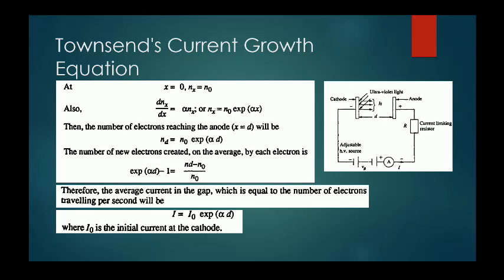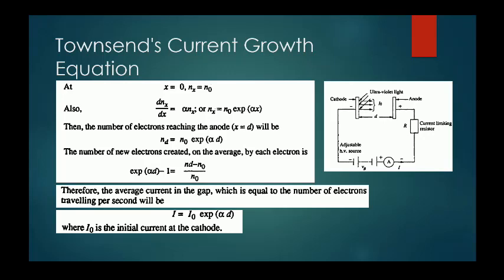But here we have taken that whenever there is a collision we have a new electron. Hence the rate at which these electrons are increasing, that is dnx by dx, is nothing but alpha nx.